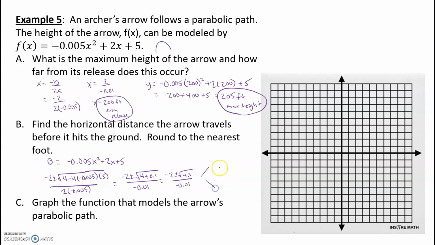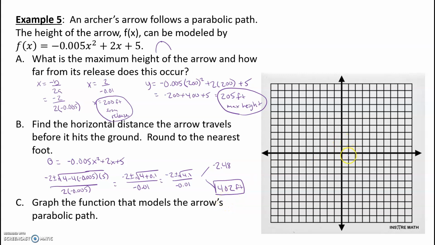And you should get 2 answers. Now one of them seems kind of silly, and the other one makes a little more sense. So here we're talking about the horizontal distance traveled. This intercept doesn't make much sense to me, but this one does. So it's going to travel 402 feet. And we're going to go ahead and graph.